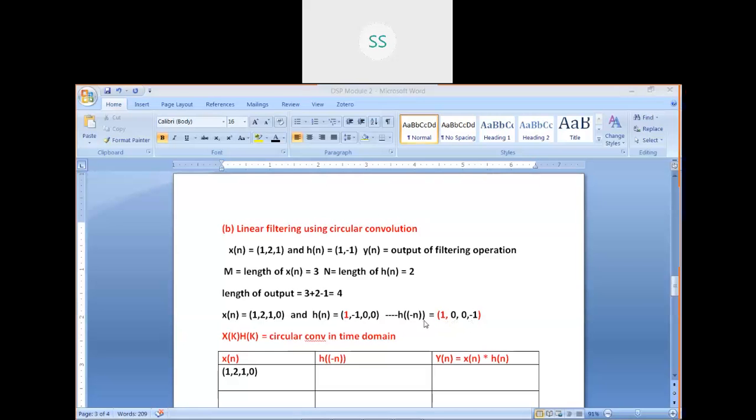So h of minus n, is this right? Ma'am, correct.